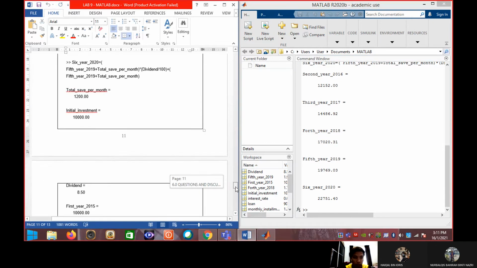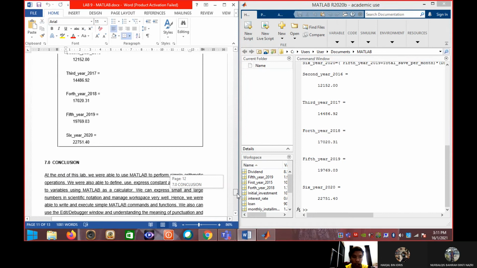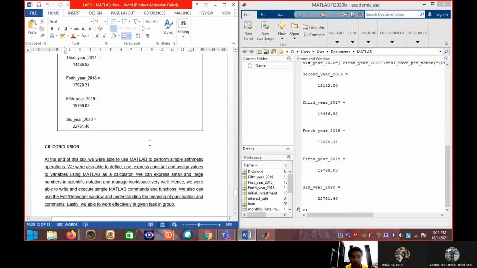The total investment that she has is 22,751 ringgit 40 cents.